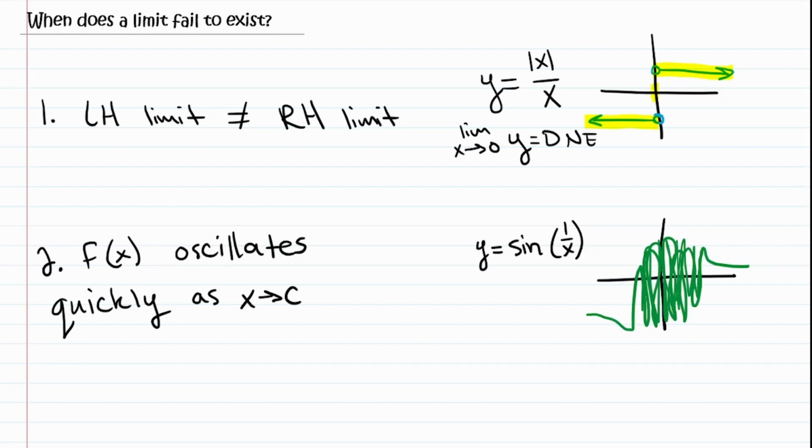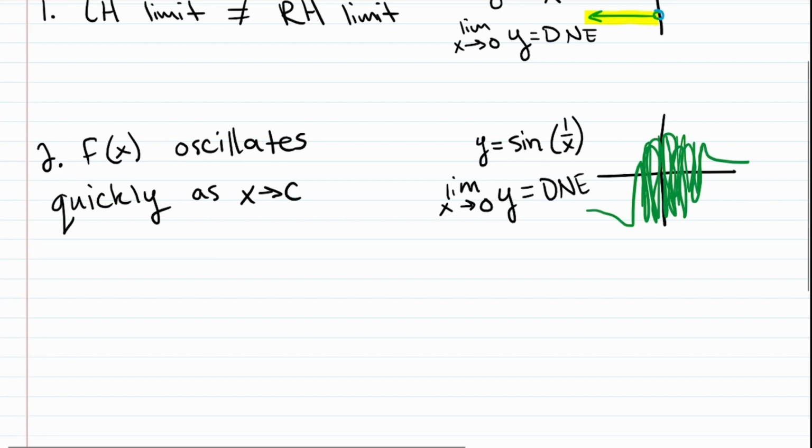Say we wanted to take the limit as x approaches 0 of y, in this case y is sine of 1 over x. As we approach 0, it's oscillating quickly up and down, and so we can't really get an exact measurement for what it is approaching for the limit. So in this example, our limit does not exist at that point.